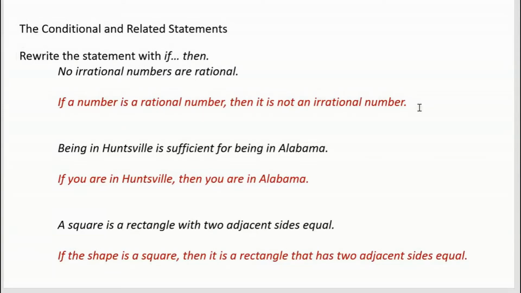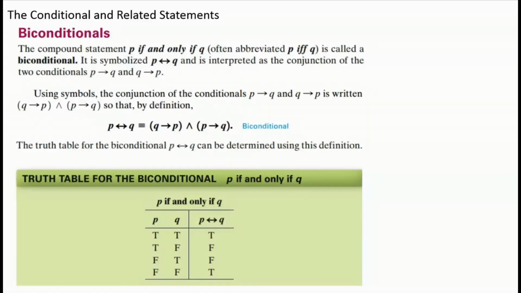Hang with me. Let me add another connective to your list. Remember, you have the or statement, the and statement, the negation. Now you have an if-then, and let me add something called a biconditional. So here's the definition. The compound statement P if and only if Q. We can abbreviate that as IFF, and when you read that, it's read as if and only if.